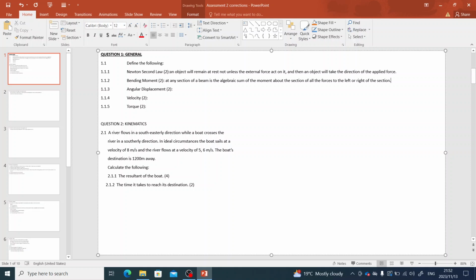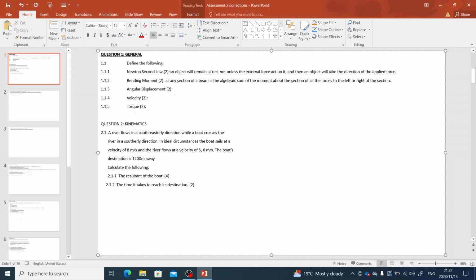Another way of stating bending moment, you would have stated it as per the law of moments: sum of the clockwise moments equals sum of the anti-clockwise moments. Left and right simply indicate forces acting on the left hand side and forces acting on the right hand side as per those sections. That's what you were supposed to have stated.